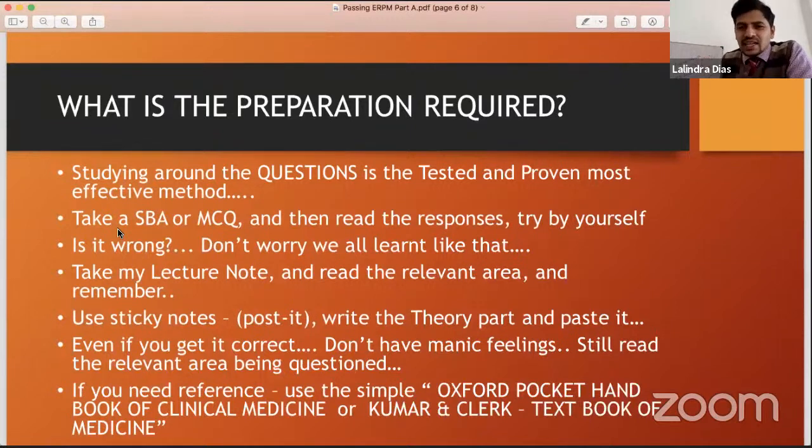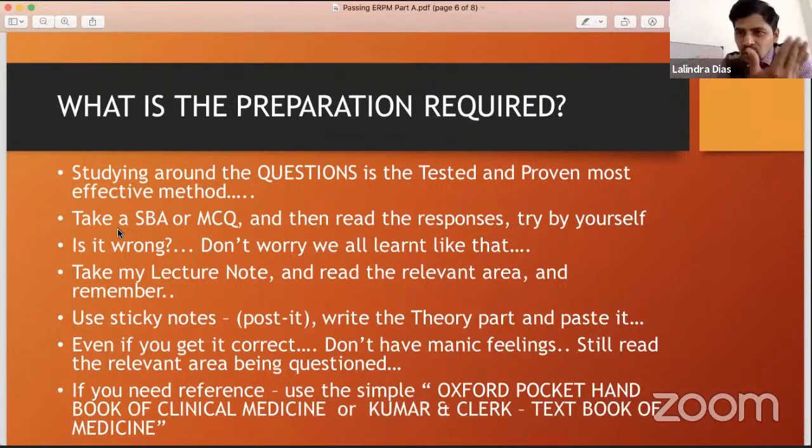What is that? Some students think they will read the whole book first, right? They are going to read the entire Kumar and Clark textbook of medicine, or the Oxford Handbook of Clinical Medicine first, or even our lecture notes, the teacher's lecture notes.